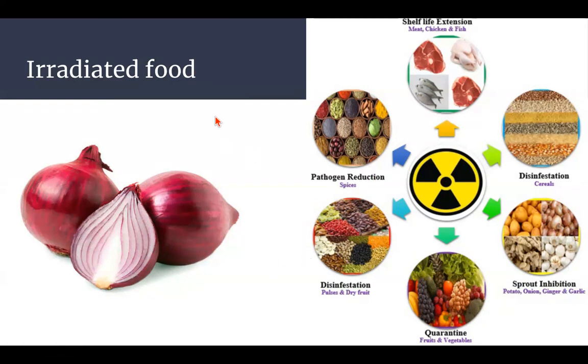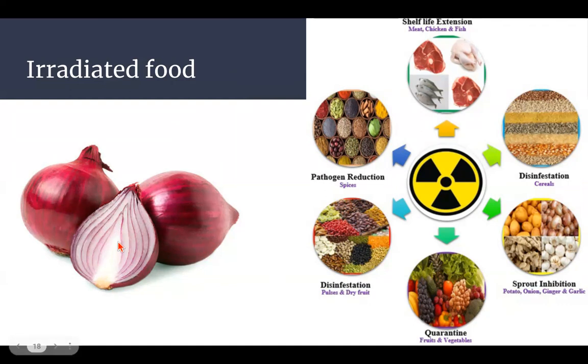You might wonder why. Foods like onion and garlic are roots, so their root cells are going to sprout given the right conditions. Your onion, naturally speaking, if you sit it on the shelf for 1 week, or maybe 2 weeks, might start sprouting.